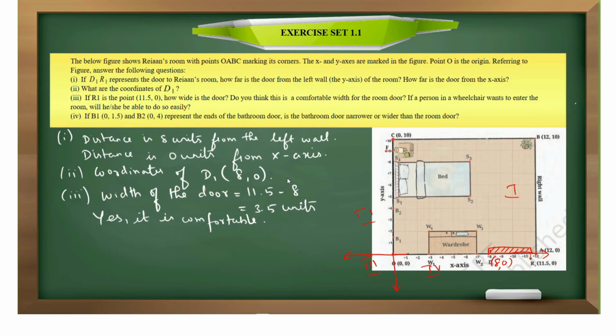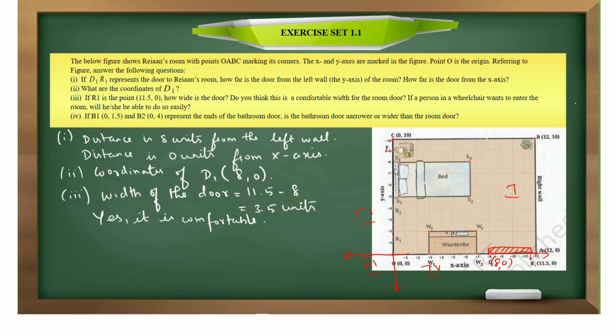Okay, after that, again we have a question: if a person in a wheelchair wants to enter the room, will he or she be able to do so easily? Yes, obviously, because the width of the wheelchair must be less than the width of the bed, right? We can compare this bed with the width of the wheelchair.